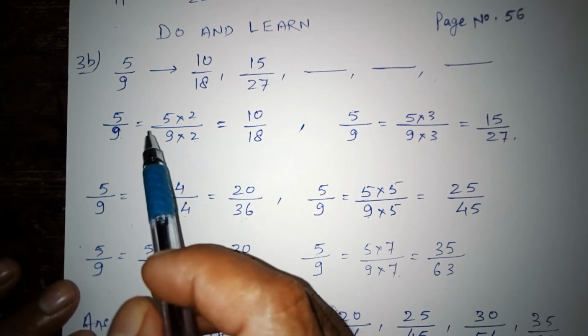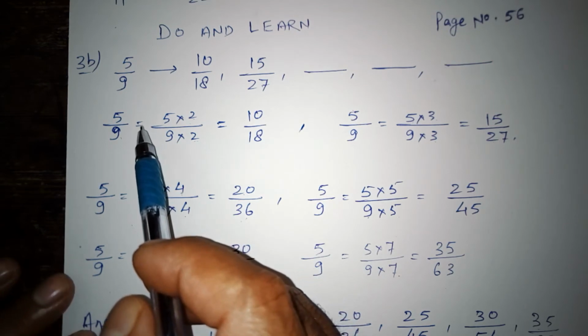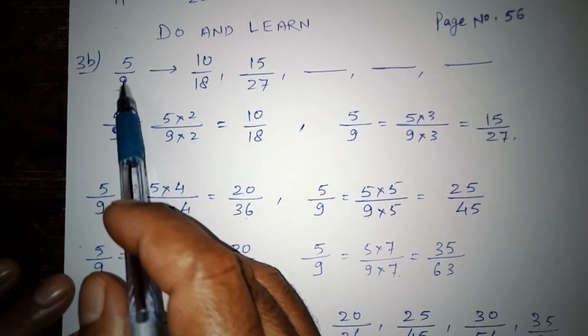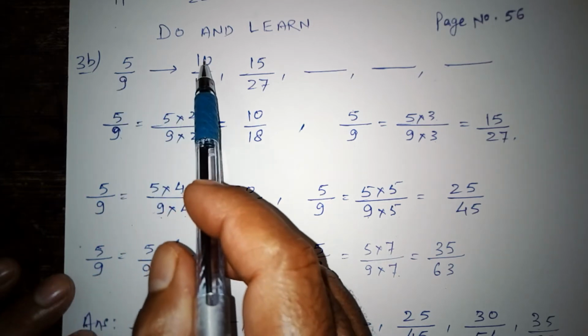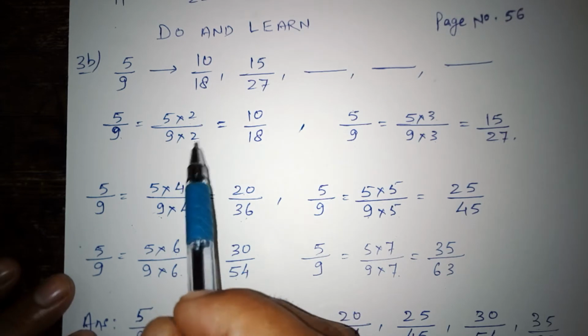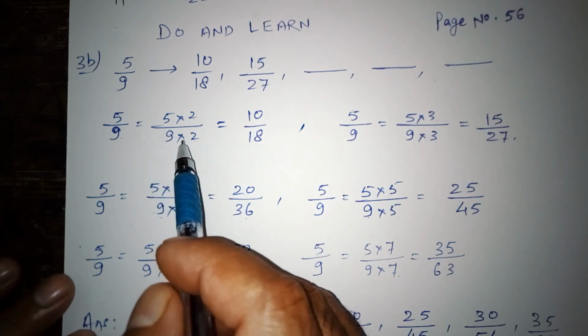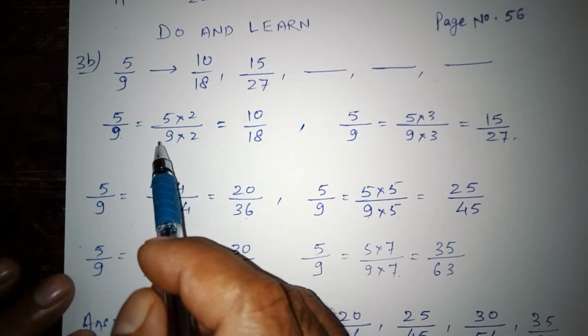So first we discuss the relation between 5 upon 9 and 10 upon 18. I hope that all of you know the multiplication table.